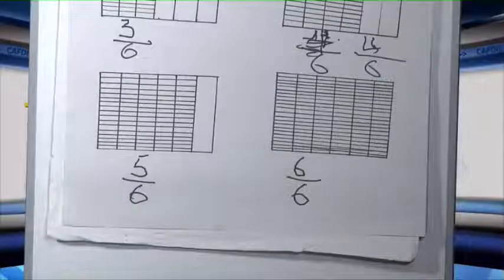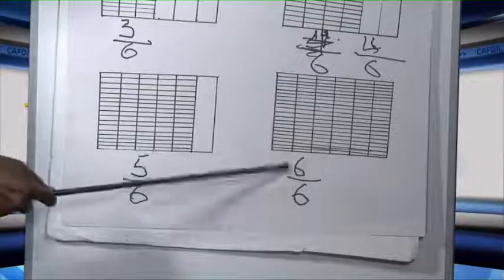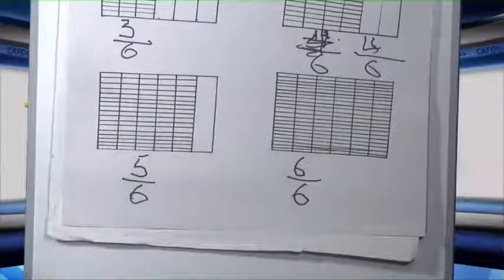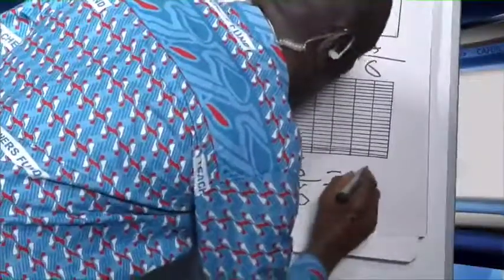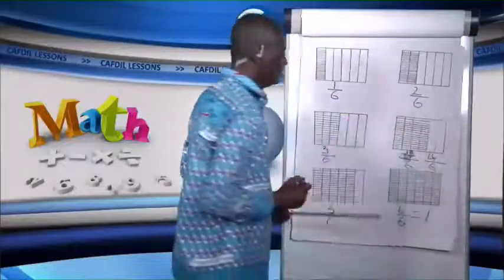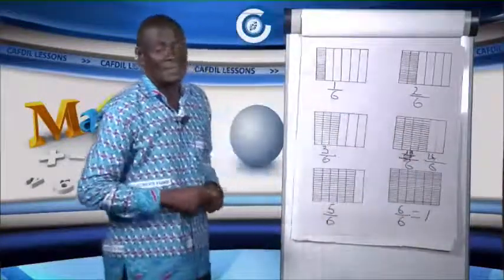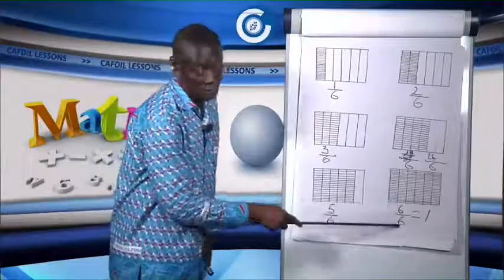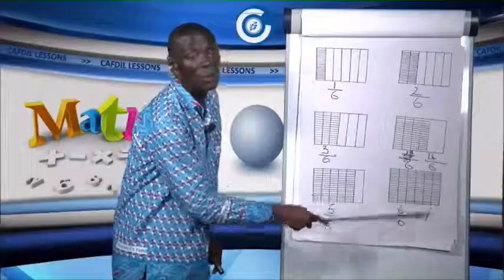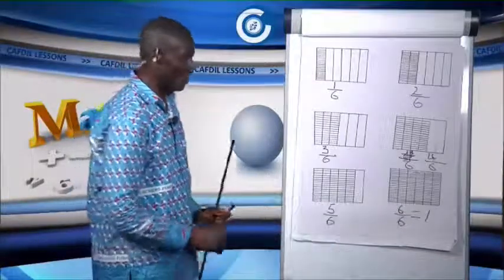Now, what other fraction will you write to stand for the whole rectangle that has been shaded? Very good. 1 whole. So 6 sixths. Another name for 6 sixths is 1 whole. Very good. Let us continue.